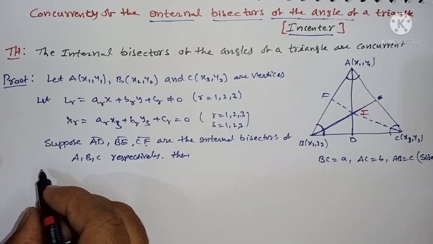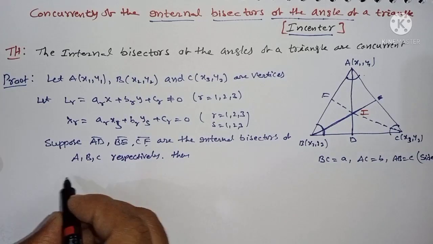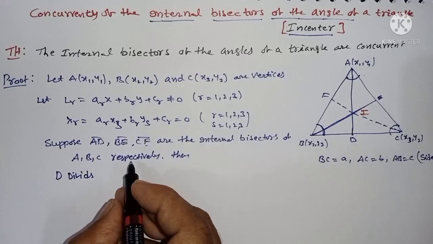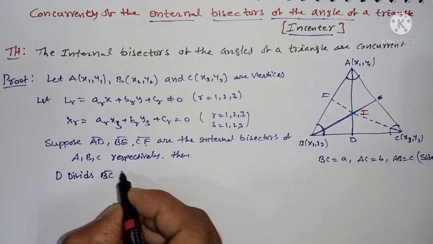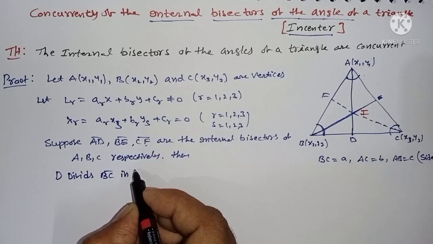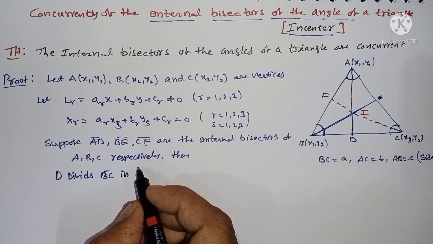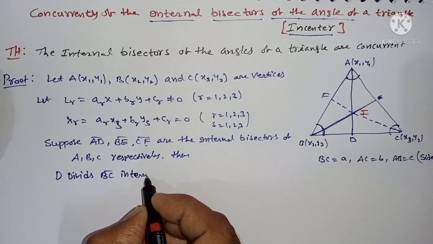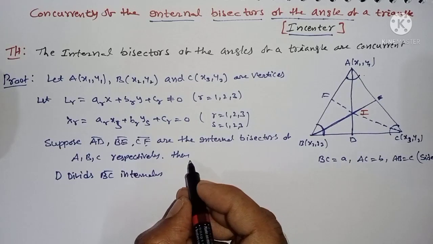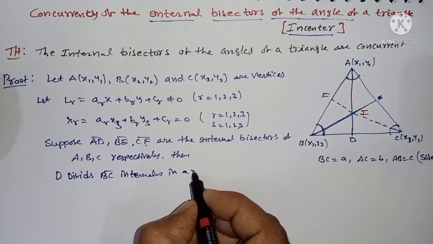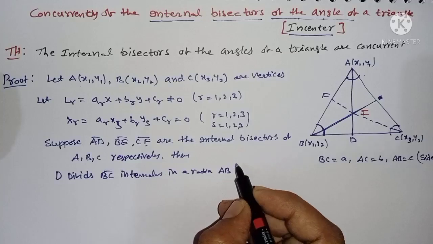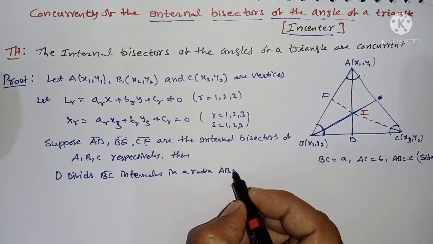Then D divides BC internally in the ratio AB is to AC.